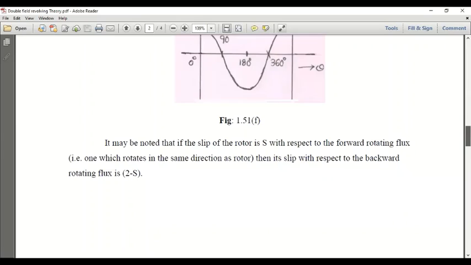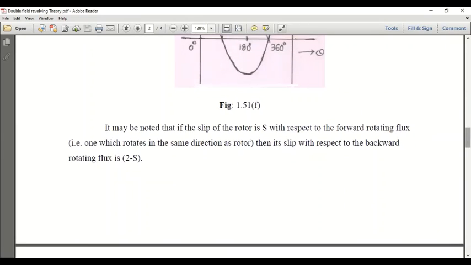While the rotor is rotating, by the principle of two vectors, for the forward rotating flux the slip is S. For the backward rotating flux, the slip is 2 minus S. This is because for forward rotating flux, the slip corresponding to forward, SF, is equal to Ns minus N by Ns.